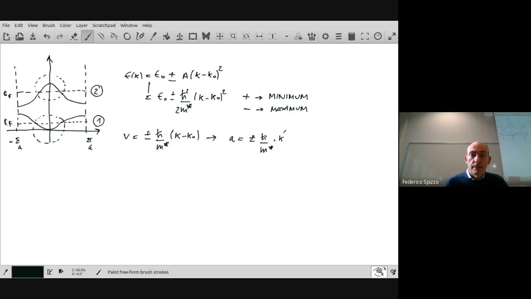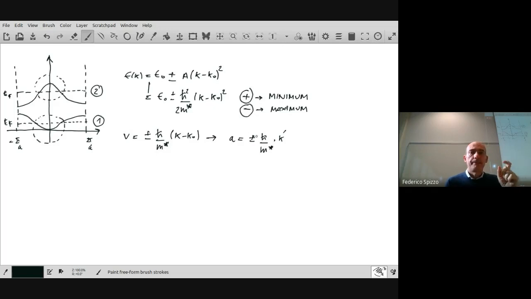Please consider that in case the sign is positive, we have that the acceleration and k prime are parallel and they have the same orientation. In case we are close to a maximum, so the sign is minus, the acceleration and k prime are parallel, but they have the opposite orientation.